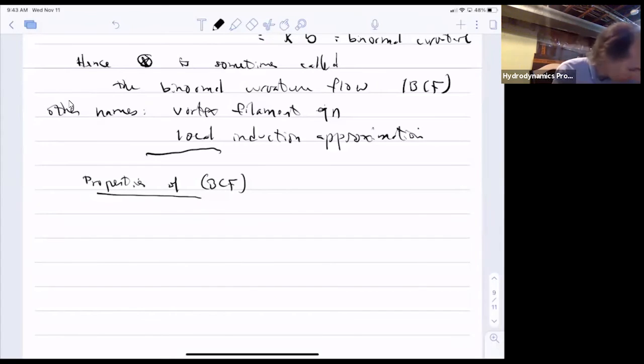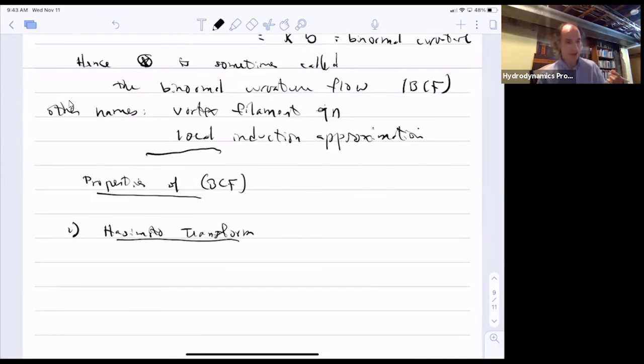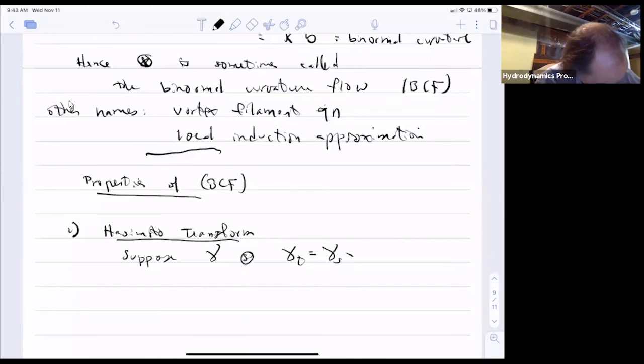This is the so-called Hashimoto transform. This is kind of remarkable. Suppose gamma solves this.